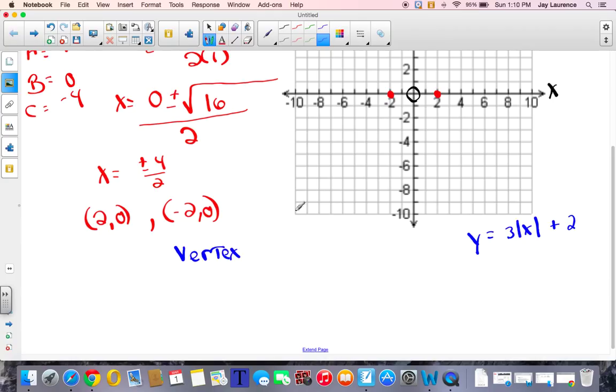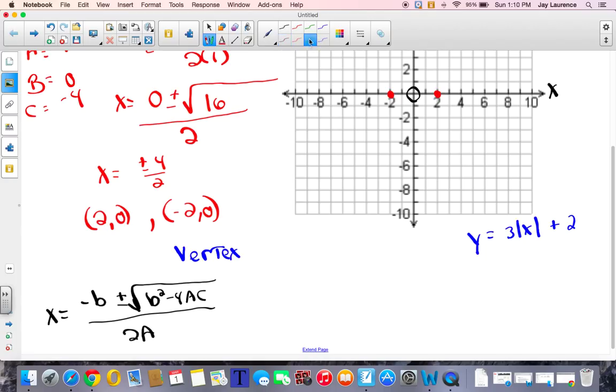But to find the vertex, we've got two choices, okay? One is in our formula, x equals negative b plus or minus the square root of b squared minus 4ac all over 2a.